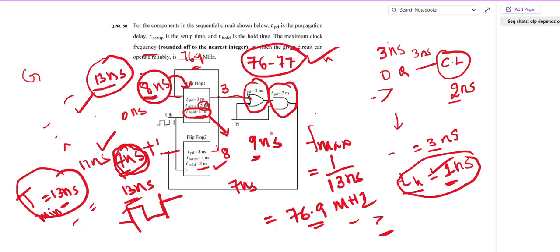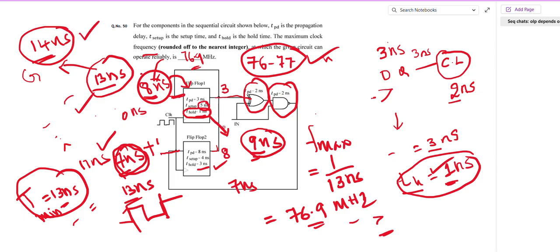Then this violates the case, because this flip-flop input is changing at 8 nanosecond but the hold time is 9 nanosecond. In that case, the 13 nanosecond that was your minimum period, you must change it to 14 nanoseconds so that there will be no violation.